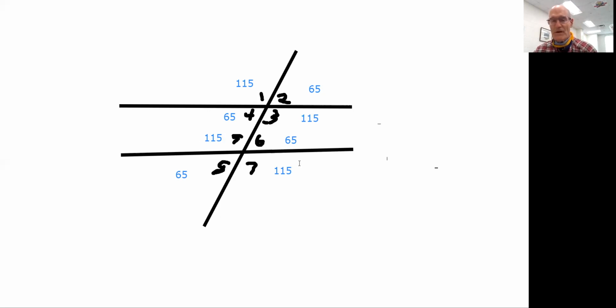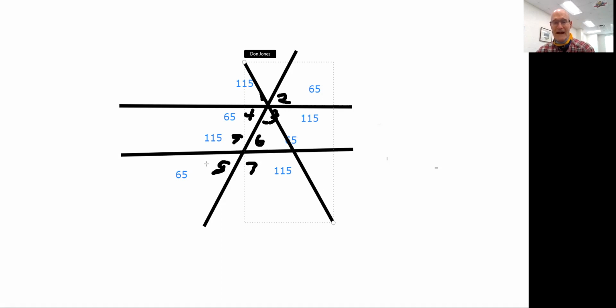Now, if you look at your homework problem, you've got a setup similar to this, except the only addition to it is that you have a second line which comes right down through like this. So you get some more angles, but the same relationships hold. Like see here, this angle here and this angle here are corresponding.